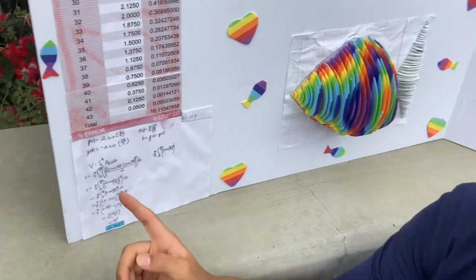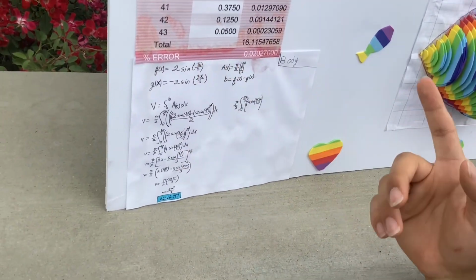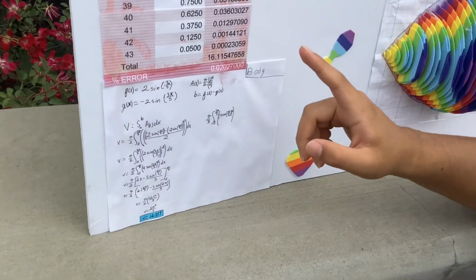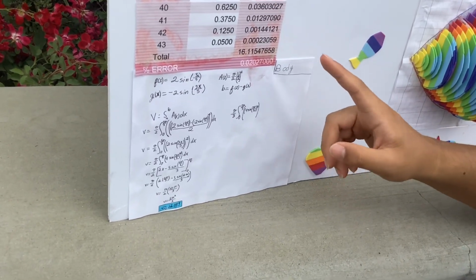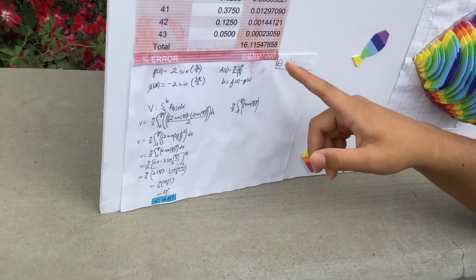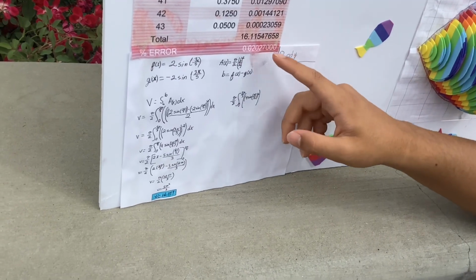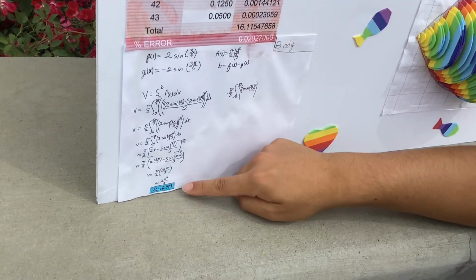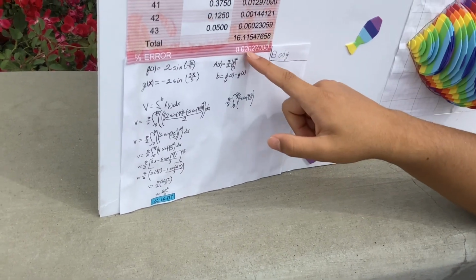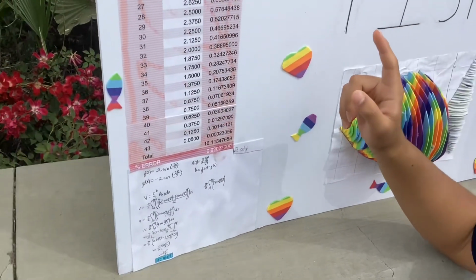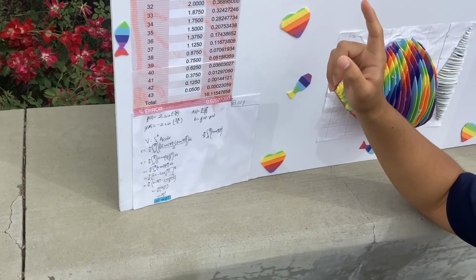All right, and so now for the percent error, we use the formula that was the absolute value of the approximate minus the exact over the exact times 100, which here is this one minus this one over this times 100, which is 0.02. So a 2% error.